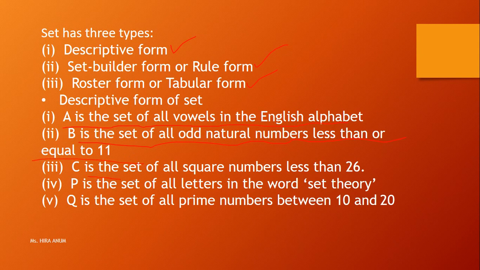C is the set of all square numbers less than 26. P is the set of all letters in the word set theory. Q is the set of all prime numbers between 10 and 20. When we write a set in sentence form, it is called descriptive form.